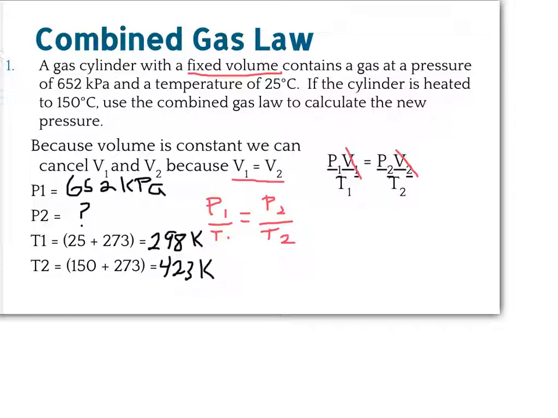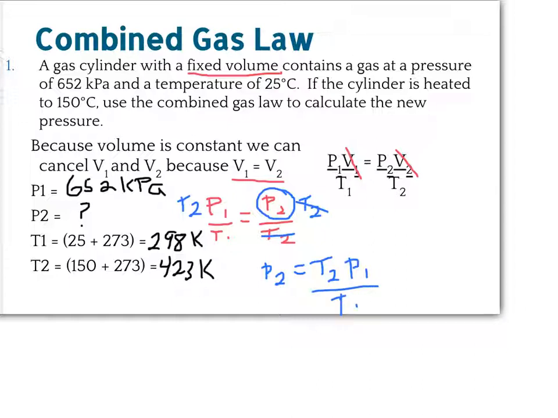Because we're looking for P2, we need to get P2 on the top all by itself. In order to do that, we have to get rid of T2. So we're going to multiply T2 on both sides, and we can cross T2 off on the right. So our formula that we have left is going to be P2 is equal to T2 P1 over T1.